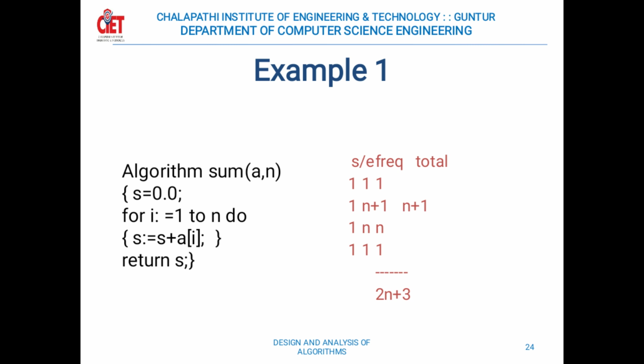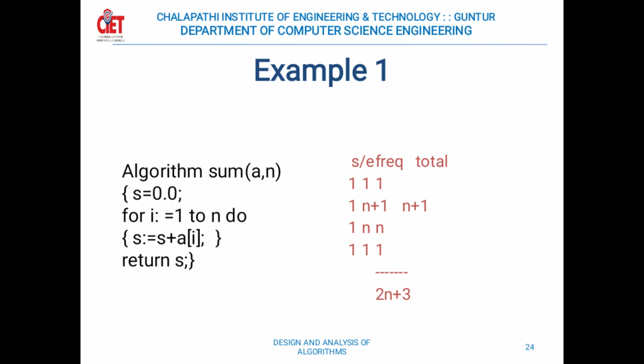Here, take the same example, summation of elements in an array A. The first statement requires only one step and it is executed only one time, so in total it requires 1 into 1 step.